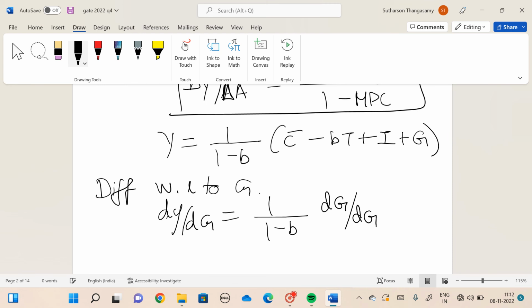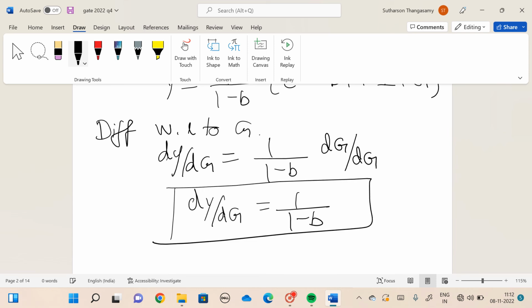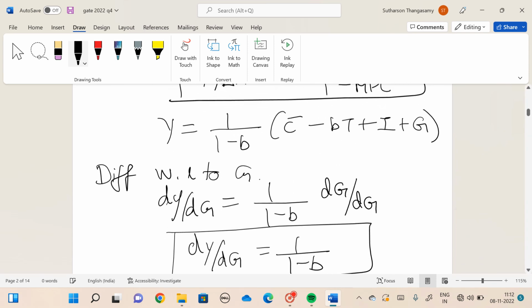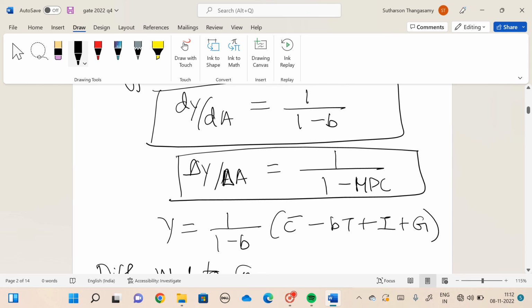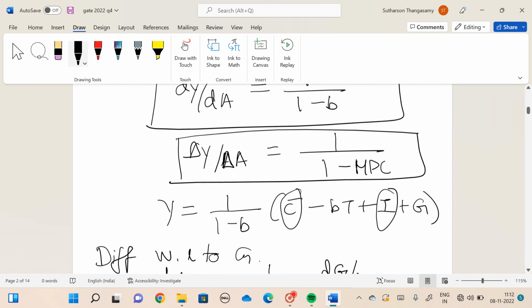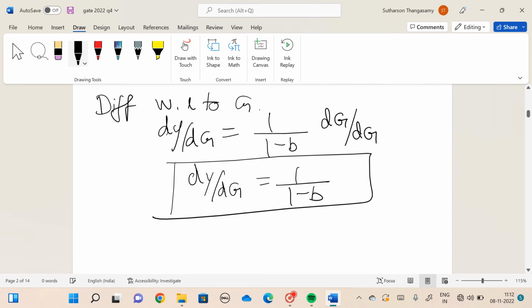Differentiation of G with respect to G will be 1. So dY by dG will be 1 by (1 minus b). So the same autonomous multiplier value we are getting for the government expenditure multiplier, and the same we will get for investment, and the same for autonomous consumption. But for lump sum tax, the multiplier will not be the same, because we have the constant before it, that is minus b, that is MPC.